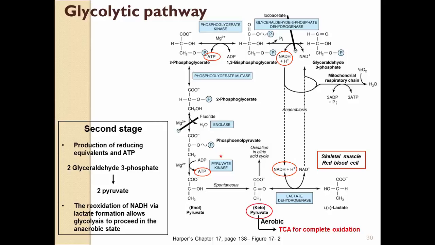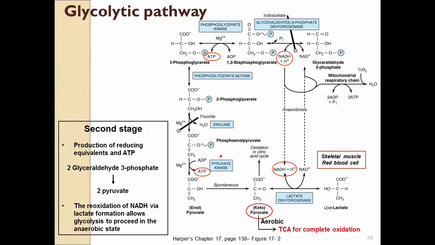Try to remember, because in the second stage, two glyceraldehyde 3-phosphate enter this stage. So you will generate actually 2 pyruvate from the second stage, from the initial 1 molecule of glucose. Does that make sense?